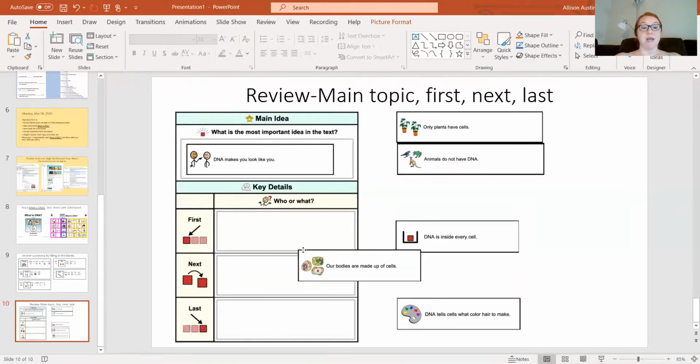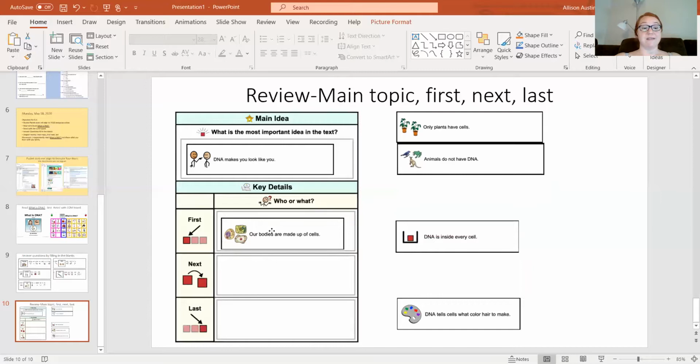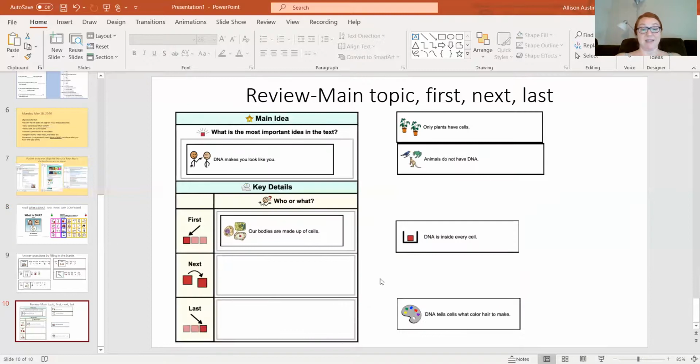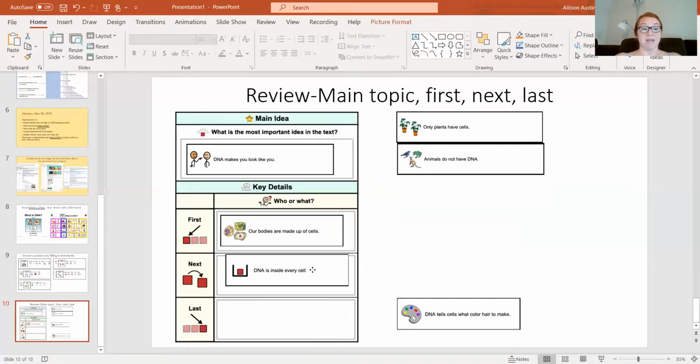Talked about that our bodies are made up of cells. Next, where is the DNA? Is inside what? Our bodies, right? Inside of every cell, inside of our bodies. All right, so DNA is in every cell. So our bodies are made up of cells, and there's DNA inside of each one.